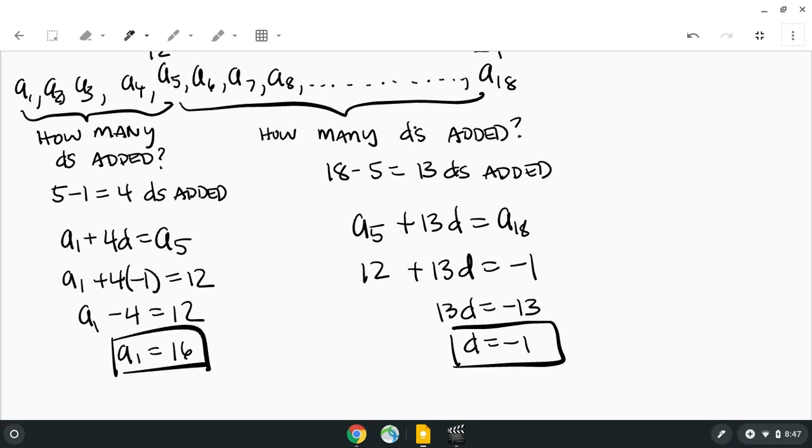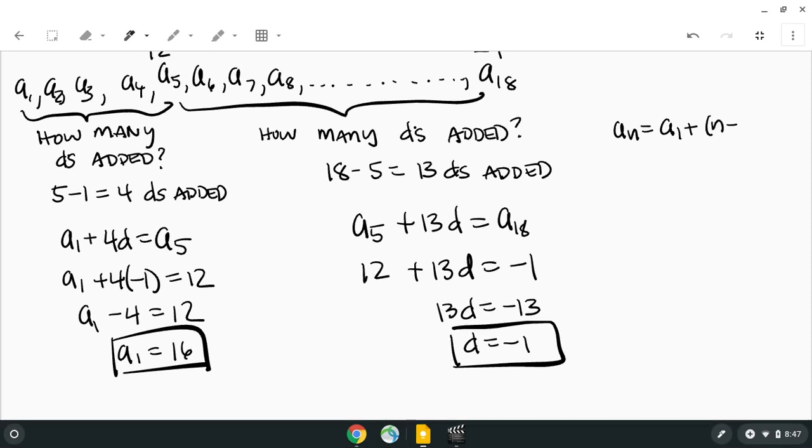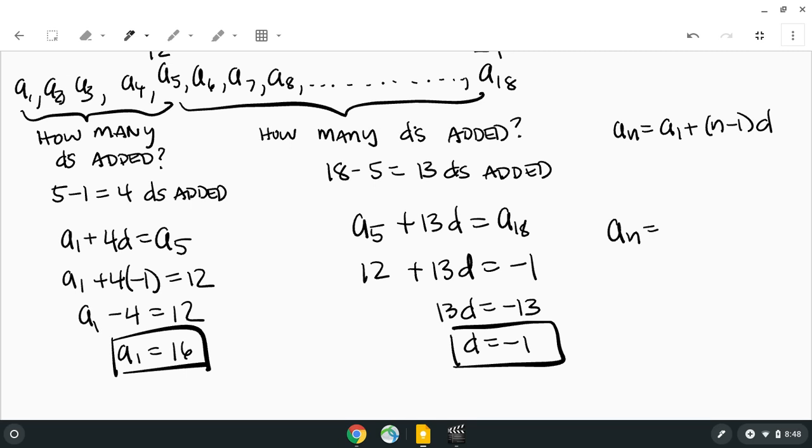Again, my formula is AN equals A1 plus N minus 1 times D. So when I come up with my AN formula, it's going to be A1, which is 16, plus N minus 1.